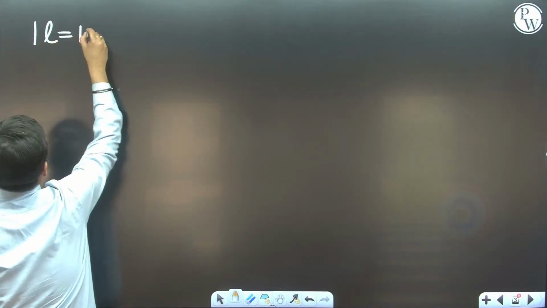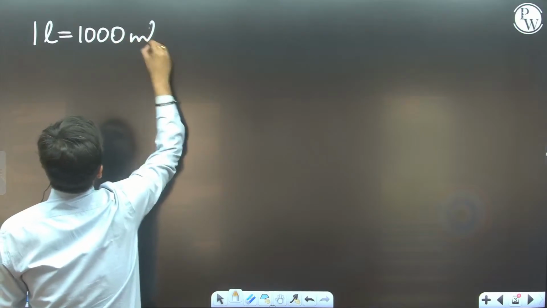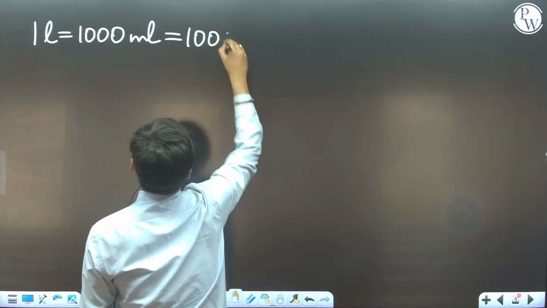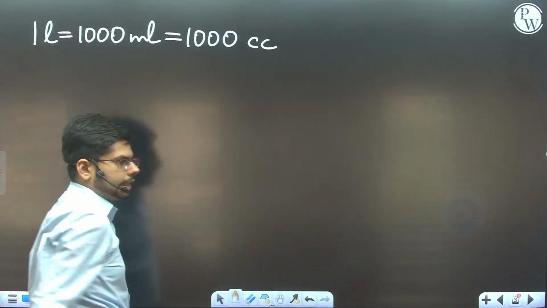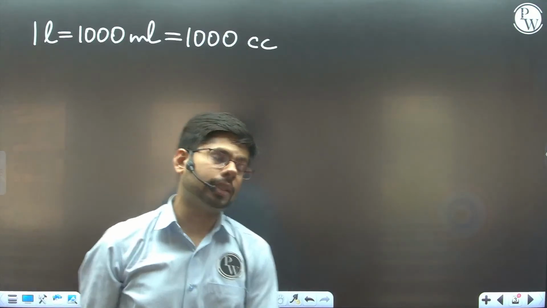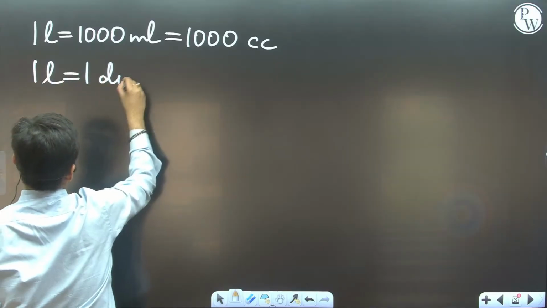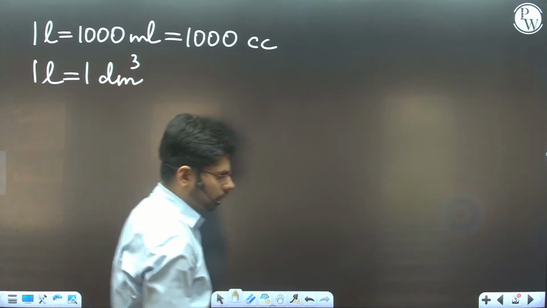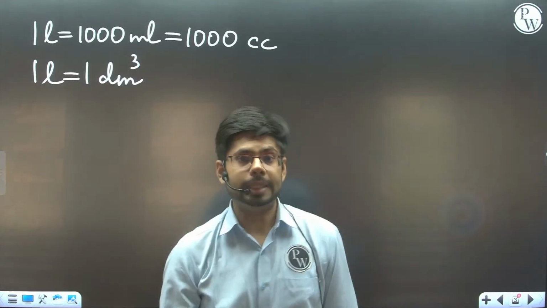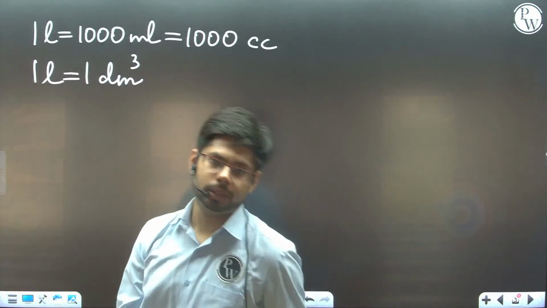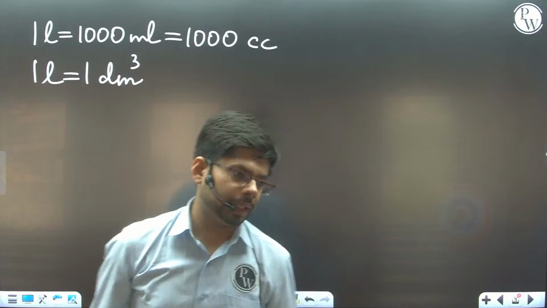1 liter is equal to 1000 ml, also called 1000 cc. cc is centimeter cube, ml is also called cc, and liter is also called dm cube. So you are more used to liters, but dm cube also means the same. So liter and dm cube can be used to denote the same thing. So don't get confused.